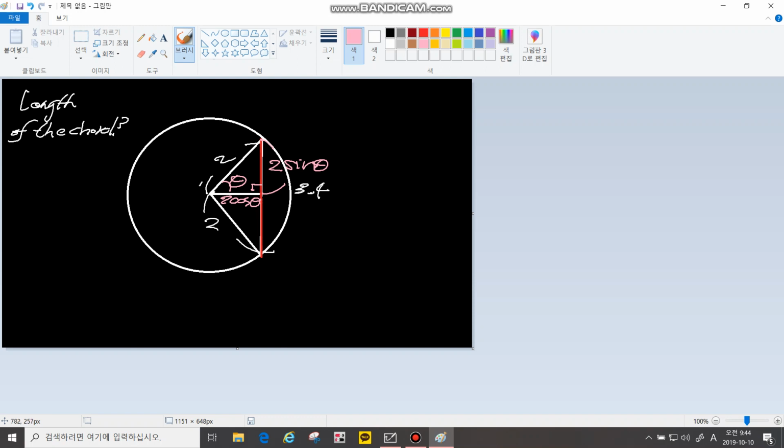Okay, so then you know that the length of the chord is going to be represented in sine. So the length of the chord, the red line, is 4 times sine theta, right? But we want to know what theta here is. But as you know, theta here is an angle, not a radian.